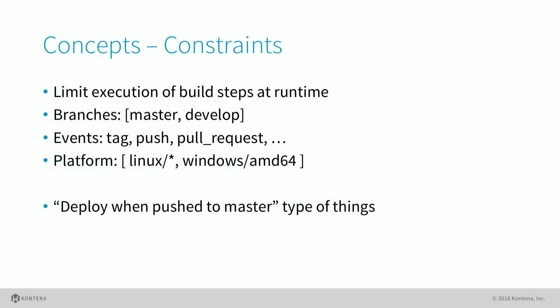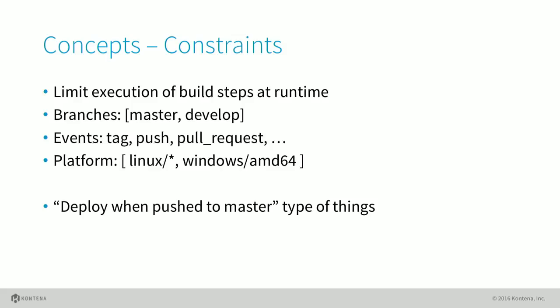For the constraints, the idea with constraints is that you limit the execution of the build steps at runtime. So for example, I of course don't want to build my fresh Docker images probably for all pull requests or feature branches automatically. So what I can do is say that okay, my Docker build step in the pipeline will be executed only when the commit is against the master branch, if I'm working in a way that my master branch is always deployable to production.